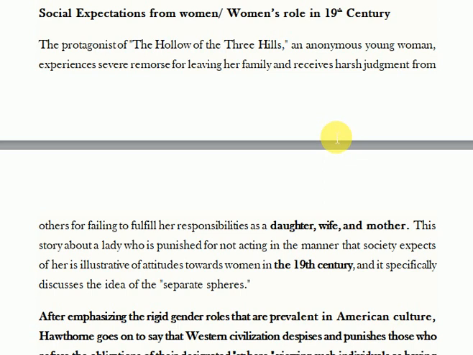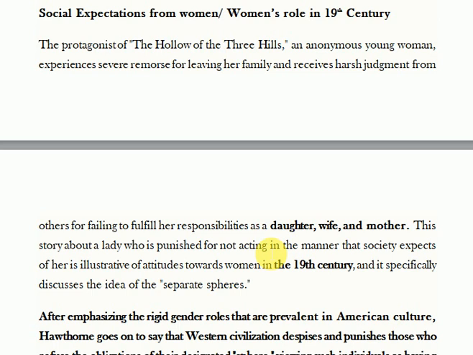He used to describe in most of his works this women's role in the 19th century as an important theme. And we see that the protagonist, the anonymous young woman, experiences remorse for leaving her family and receives harsh judgment from others for failing to fulfill her responsibilities as a daughter, wife, and mother.